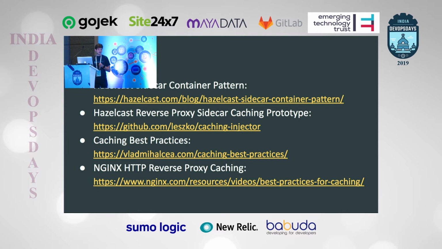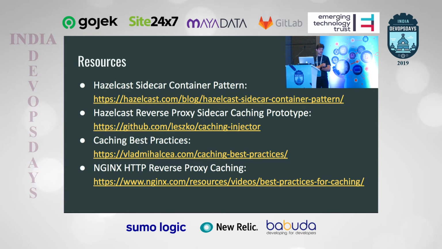As the last slide, I prepared a few resources. The first one is the blog post about setting up Hazelcast as a sidecar container. The second one, I mentioned we prepared a proof of concept, a prototype of the HTTP reverse proxy sidecar, so you can play with this.